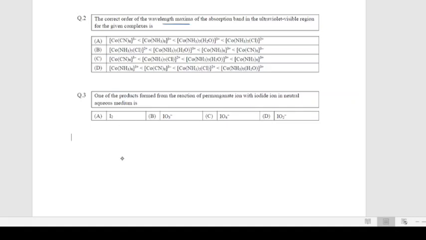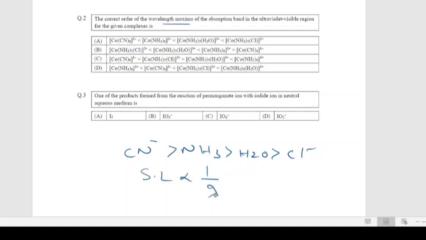In the spectrochemical series, CN minus comes first, which is a stronger ligand when compared to NH3, then H2O, followed by Cl minus. According to this order, and as the strength of the ligand is inversely proportional to the wavelength of maximum absorption, we can say the first option itself is the correct order of wavelength maximum, right?